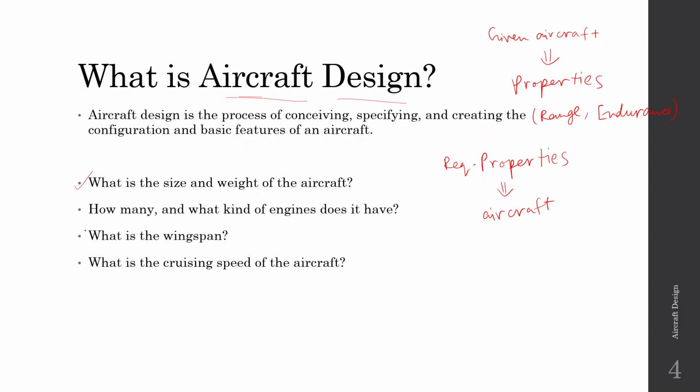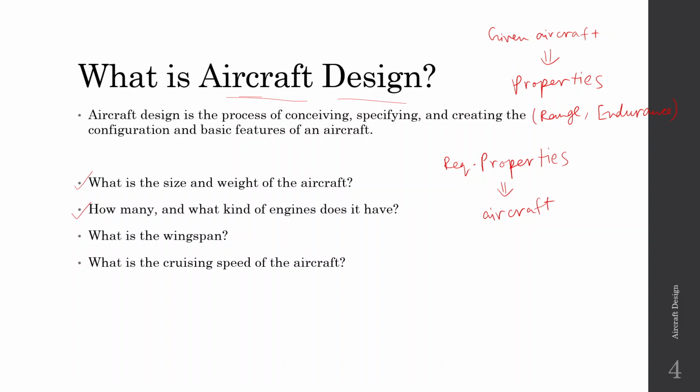Then how many and what kind of engines will it have? This is also a crucial question. Will it have one, two, three, and will it have a propeller engine or a jet engine?